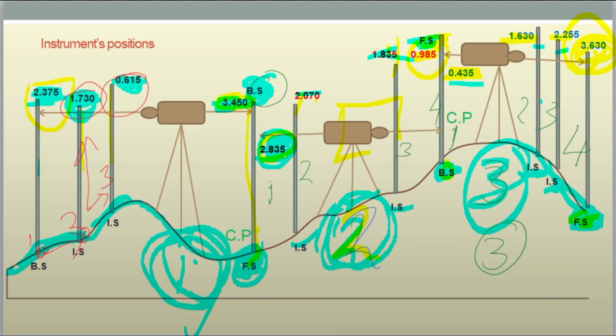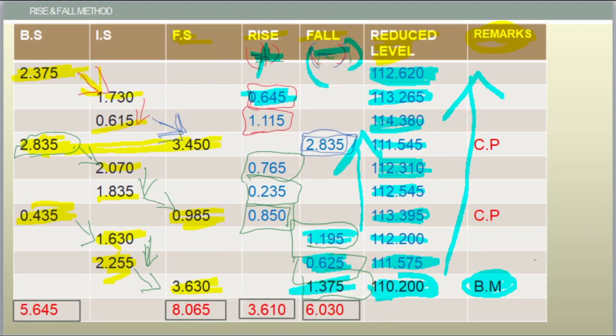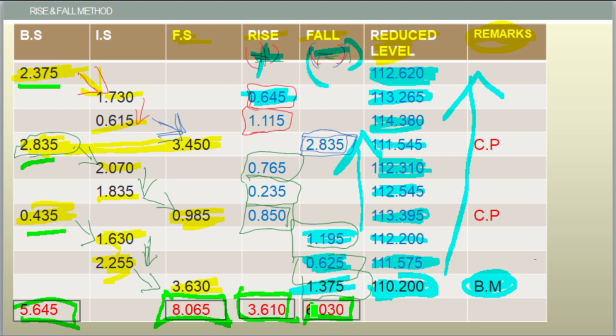So you go ahead and add all your back sides, you get the summation of that. You add all of the foresights, you get the summation of that. You add all the rise, you get the summation of that. You add all the fall and you get the summation of that. So these are our values.